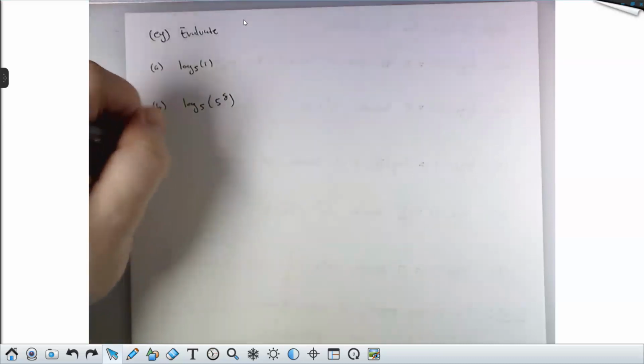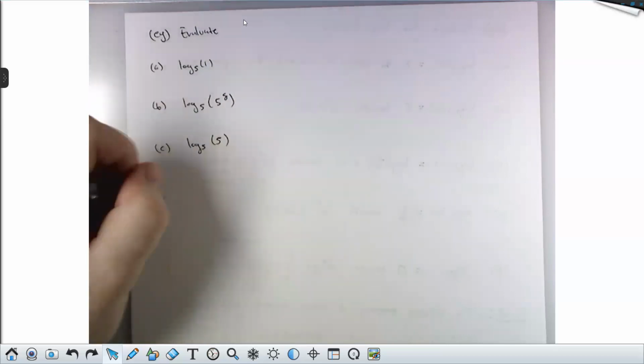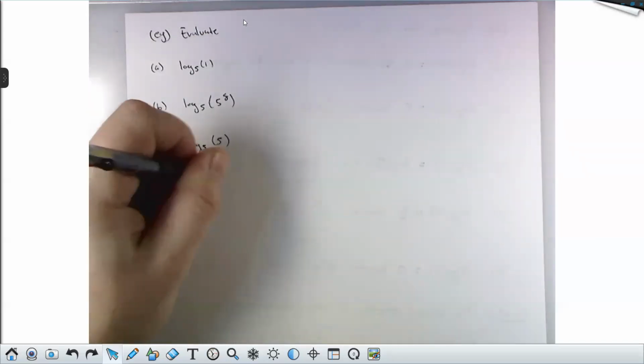We're going to evaluate the base 5 log of 1, the base 5 log of 5 to the 8, the base 5 log of 5, and this one looks a little crazy, 5 raised to the power of the base 5 log of 12.